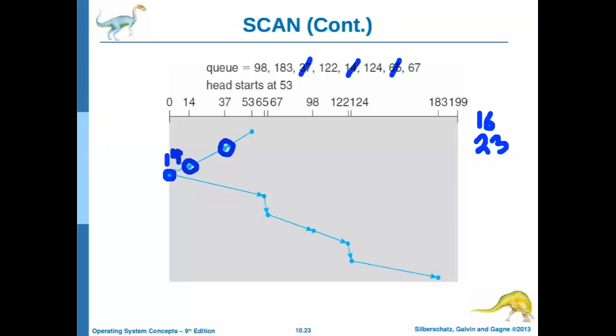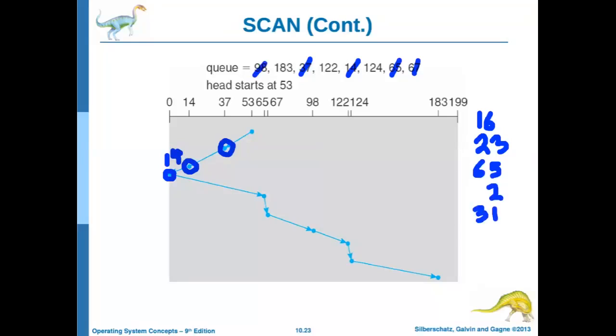Then from 0 to 65, so this total travel is 65 cylinders. Then 67, 2 more are required there. Then 98, so 98 and 67, that total displacement is 31.